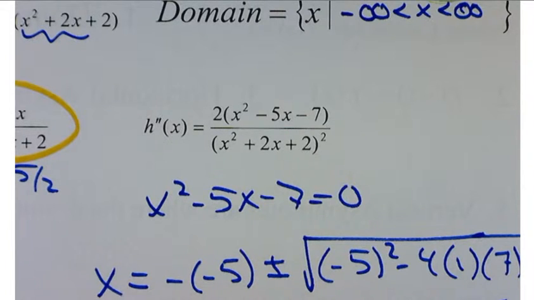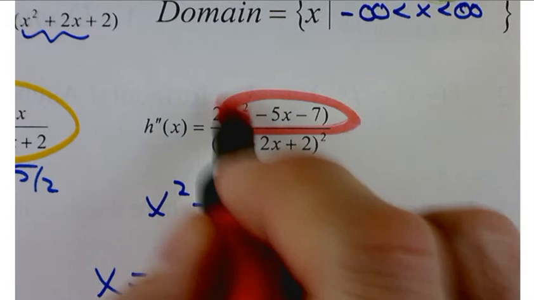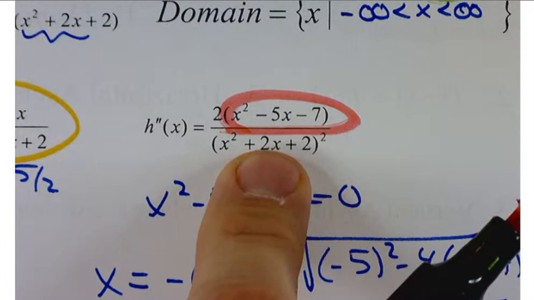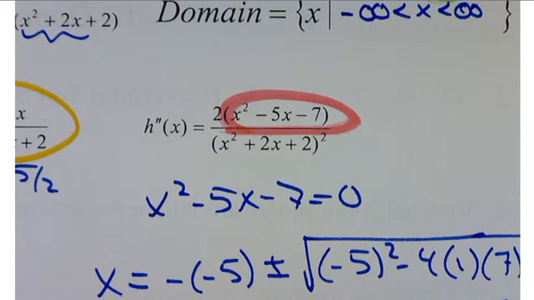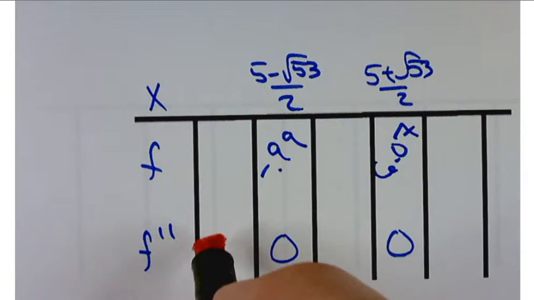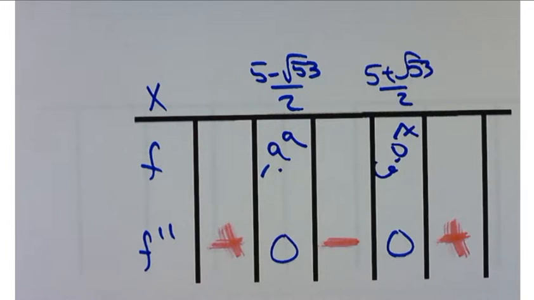Because the denominator here is always positive, so that's not going to change anything. The 2 is always positive. Really, the only thing I have to do is test this. And it's going to test out positive, negative, positive. That's telling me my function is concave up, concave down, concave up.